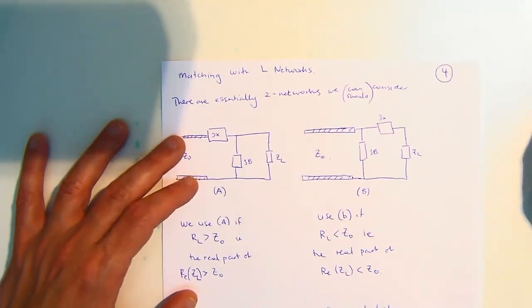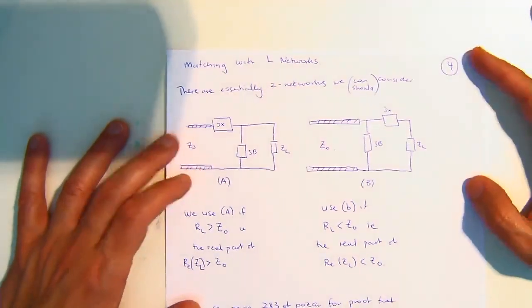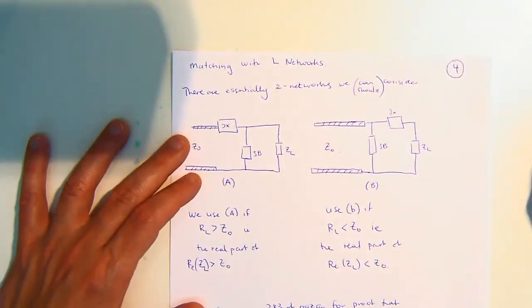So my question is, can we use the Smith chart if we've got lumped components? Yes.